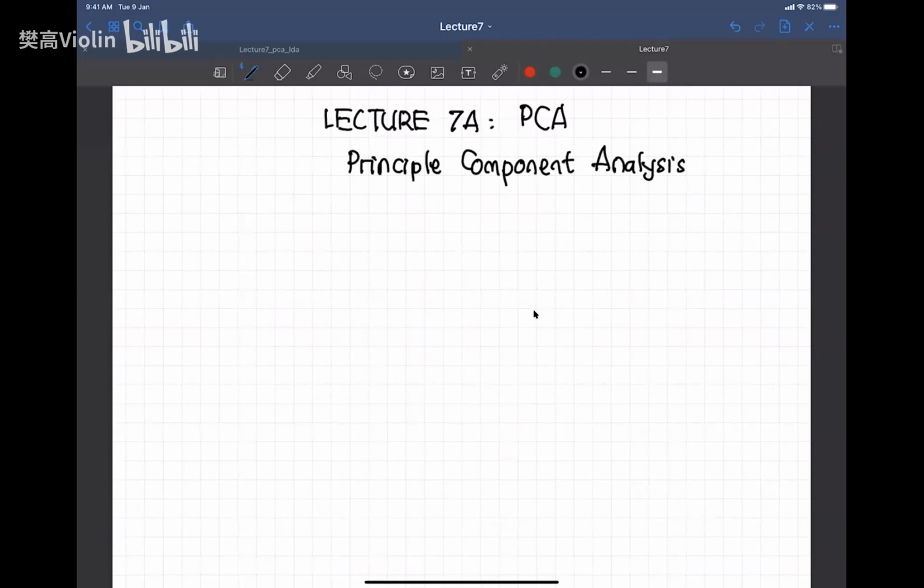Right, so the basic concept of PCA is that imagine that you have a two-dimensional space, for example, X and Y, and you have some data. Imagine that you have data points like this.